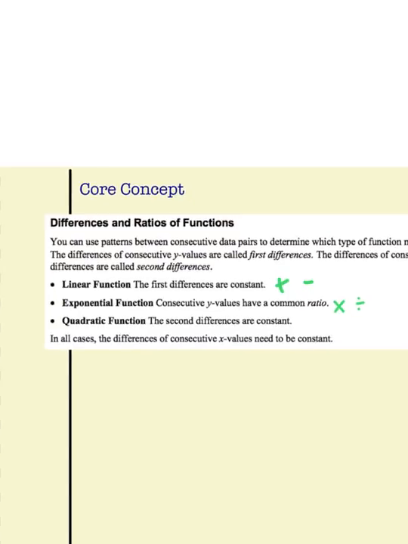And then for a quadratic function, the second differences are constant. I'll show you a little bit more about what that means in the next example. But we can also tell that a function's quadratic by looking at its graph. It has a parabola. The values are going to reflect over the vertex. For now, we need to remember linear function, constant rate of change, it has a slope, and exponential function has a common ratio.